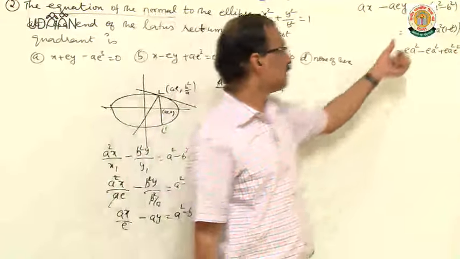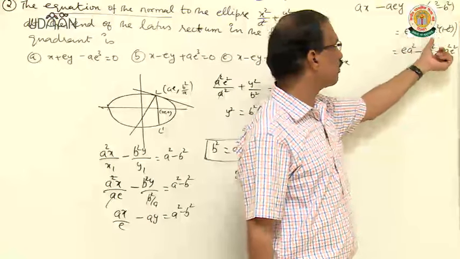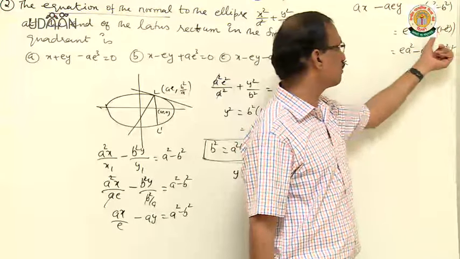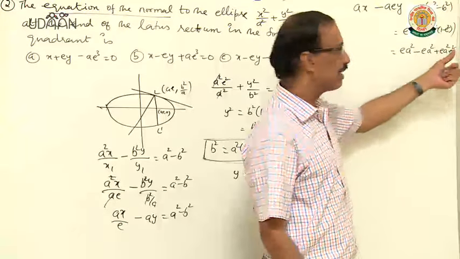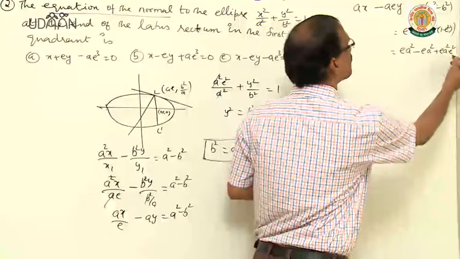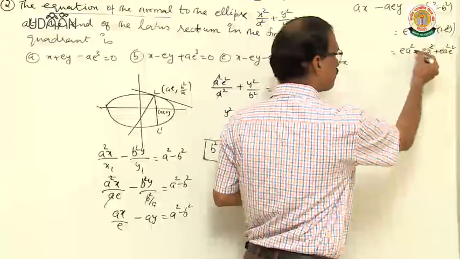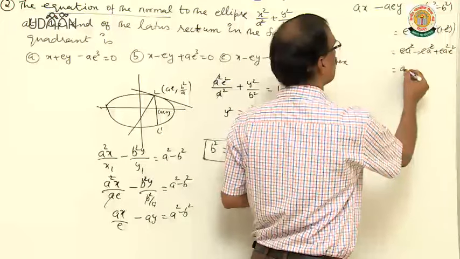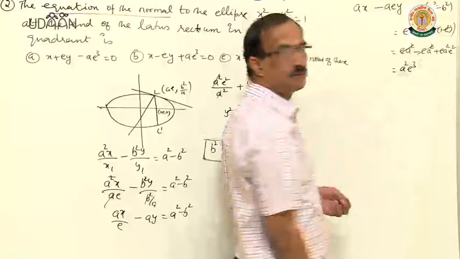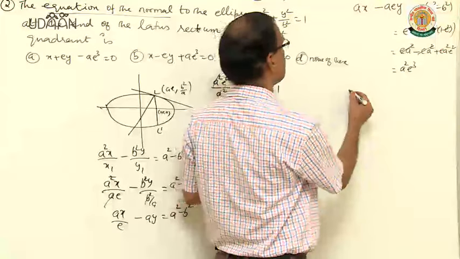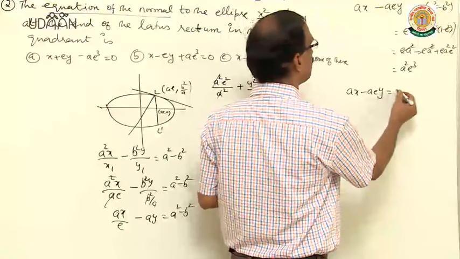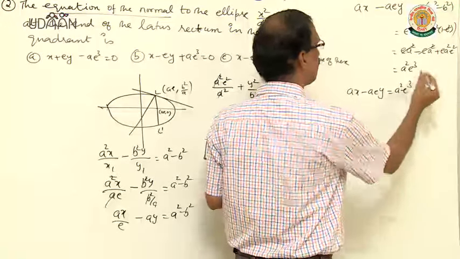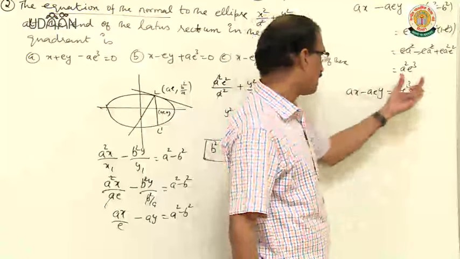So if you multiply this e a square and take it inside, minus e a square, minus minus plus e a square e square, or you can write this as a square e cube. Now these two get cancelled. So a squared e cube. Now bring that to one side. That is ax minus aey equals a square e cube. Throughout, a can be cancelled.